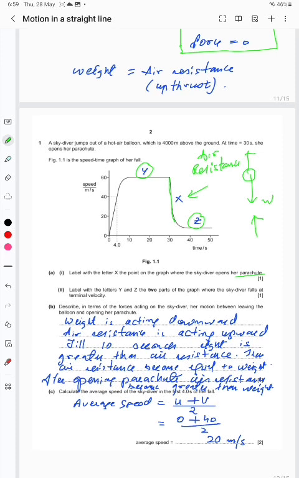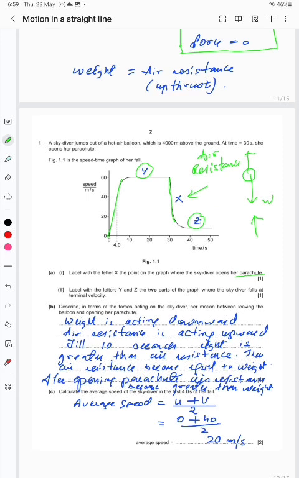So in the graph you can see till 10 seconds, weight is greater than air resistance because the skydiver is accelerating, which means there is some resultant force, and that resultant force is weight minus air resistance.